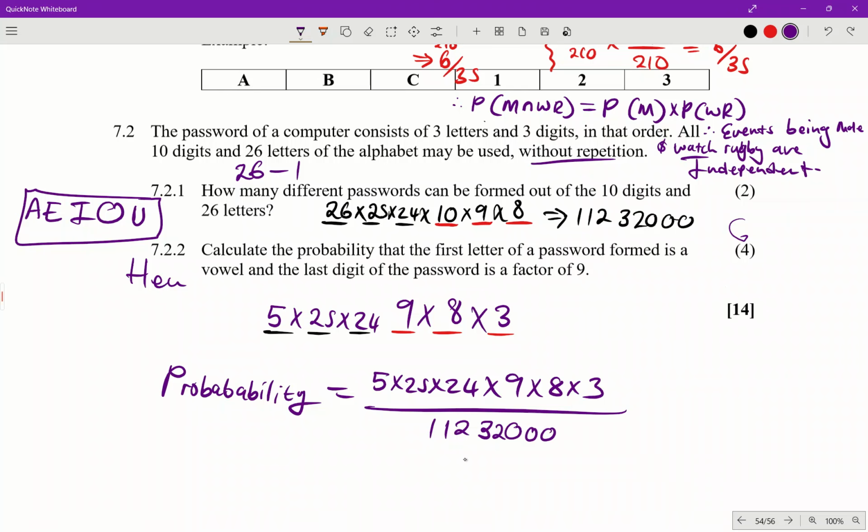So let me make sure that I got this right. How many digits do I have? 1, 2, 3, 4, 5, 6, 7, 8. All right. So 5 multiplied by 25 multiplied by 24 multiplied by 9 multiplied by 8 multiplied by 3, over 1,232,000.